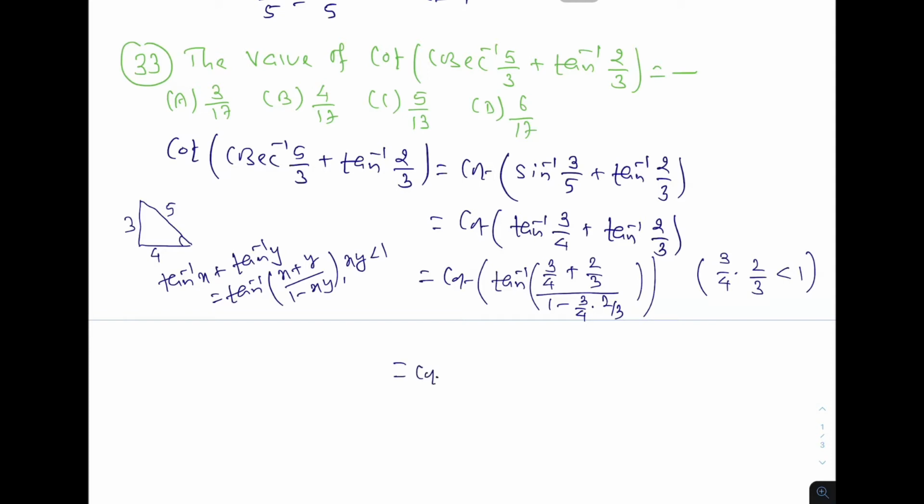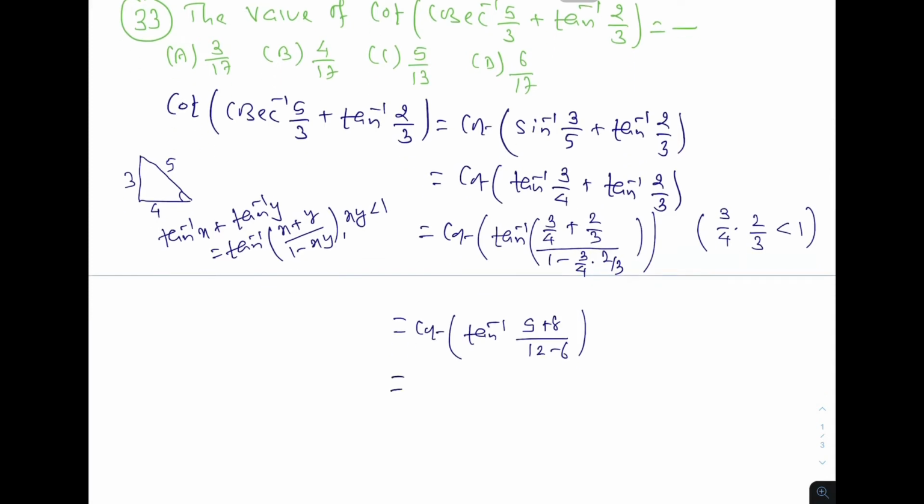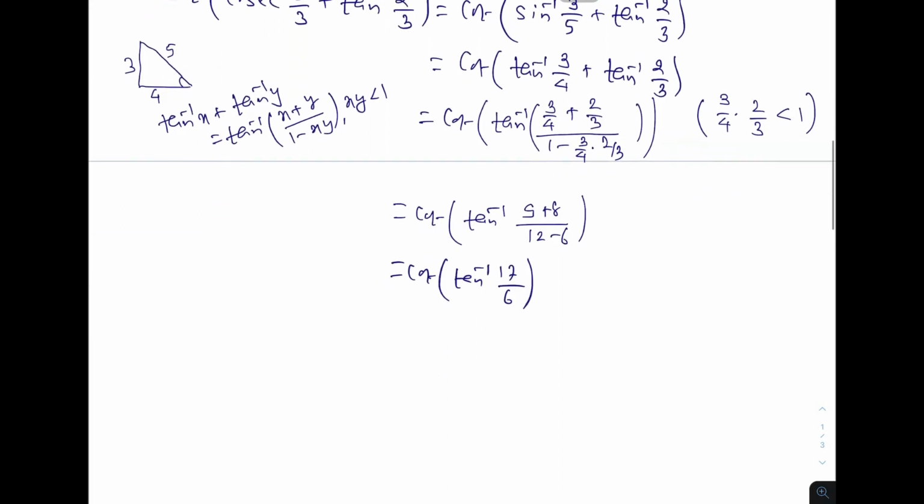So this is cot of tan inverse of 9 plus 8 over 12 minus 6, which is cot of tan inverse 17 by 6, sorry.